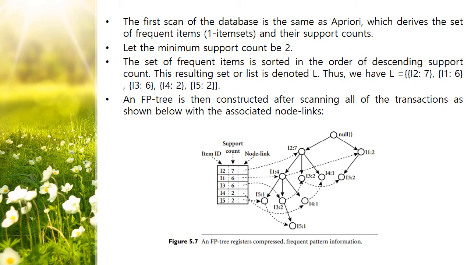Here we have an item ID list with support count, and also node links in this table. We generate the FP tree based on the support count by scanning all of the transactions, which we will see in the next slides. This is one example of how an FP tree is represented.